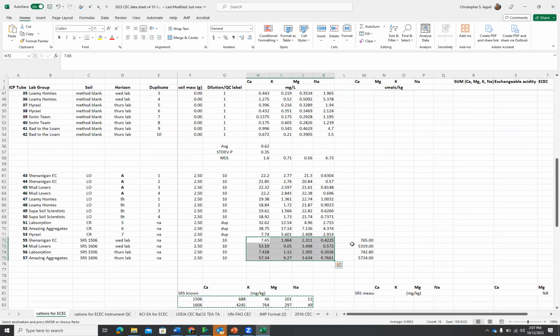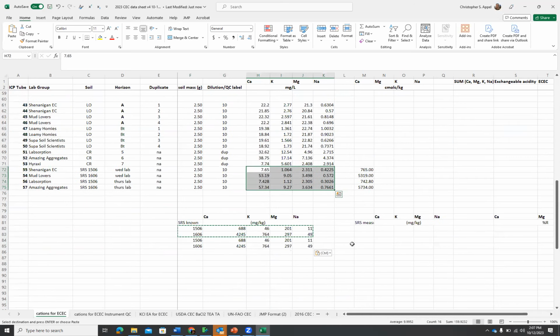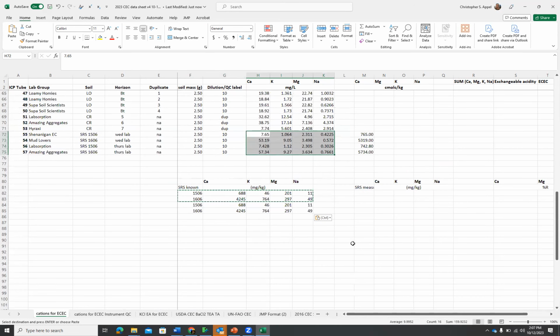So I'm just going to use these diluted ones down here. Those are the ones I'm going to focus on. All these concentrations are in milligrams per liter, parts per million, but in solution, and I need to convert them to parts per million in the soil, milligrams per kilogram.